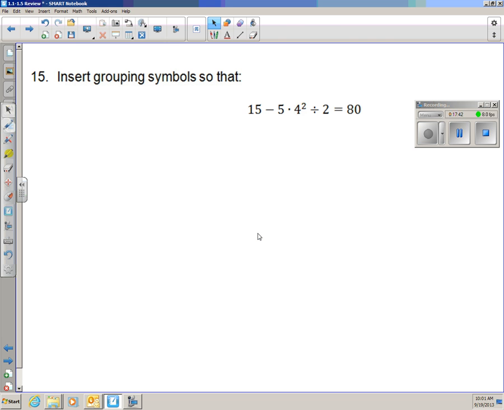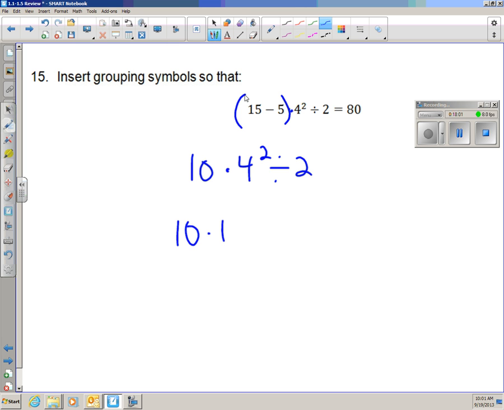You're going to be trying some different things, but as it turns out, the way that it works is by putting the parentheses here, because when I actually do this math, it comes out to be 10 times 4 squared divided by 2, which means 10 times 16 divided by 2, which means 160 divided by 2, and there's your answer.